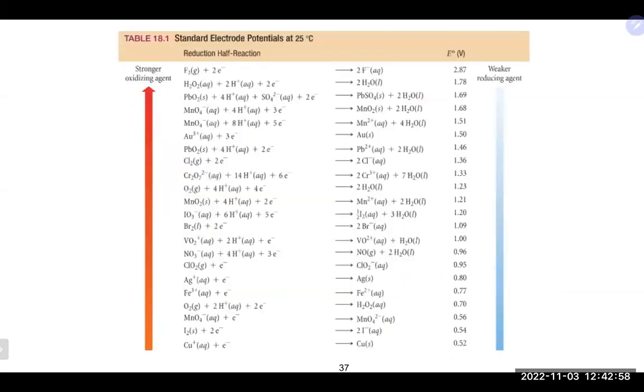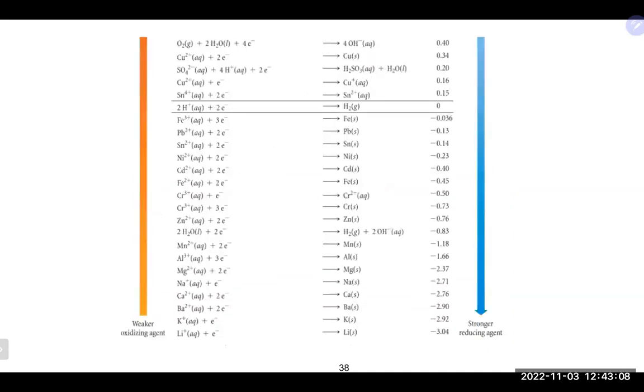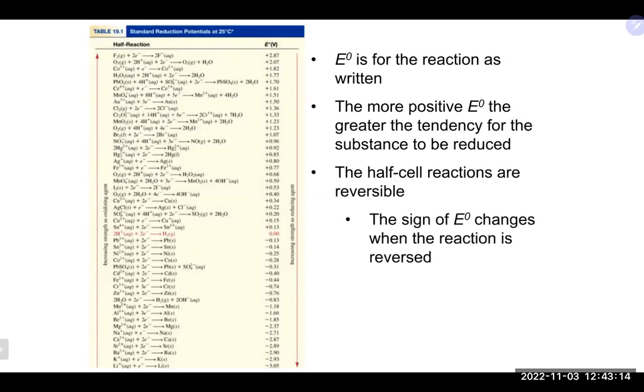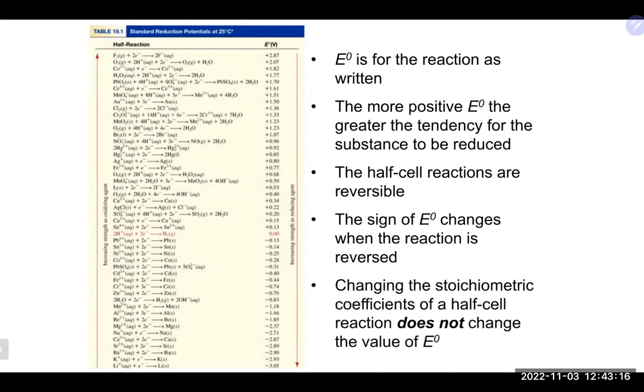So this is a table of SRP values, and as you can maybe see, they're all written as reduction reactions with their appropriate values. Here's a better table that you could clearly not see. And these are also all reduction reactions. So you will typically need to go to an SRP table, and you have one in your book as well.